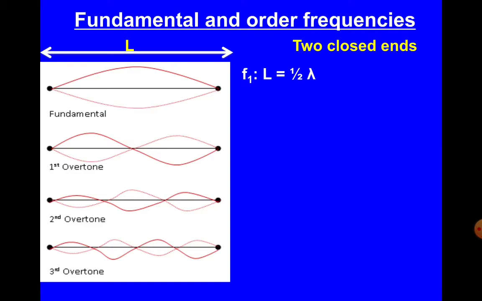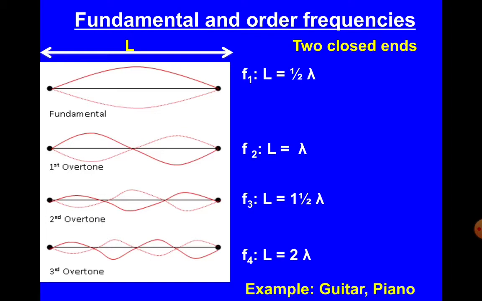This is for two ends. Instruments where we use that: a guitar. In the second one, we see that L is equal to lambda in the second overtone. In the third one, we see that L is 1.5 lambda, and in the fourth one, L is 2 lambda. Used in guitars and pianos.